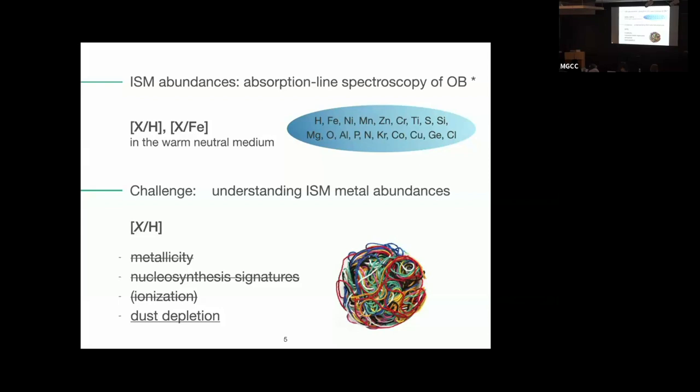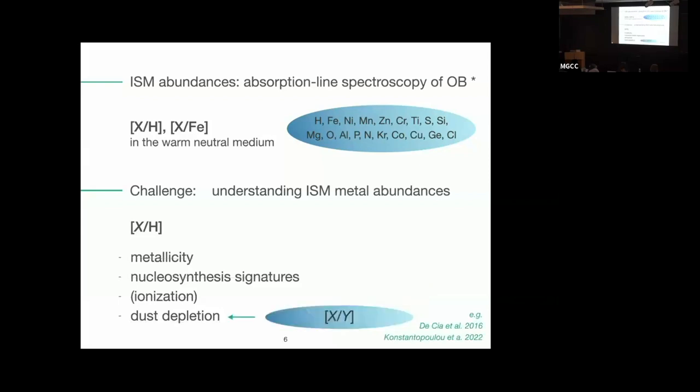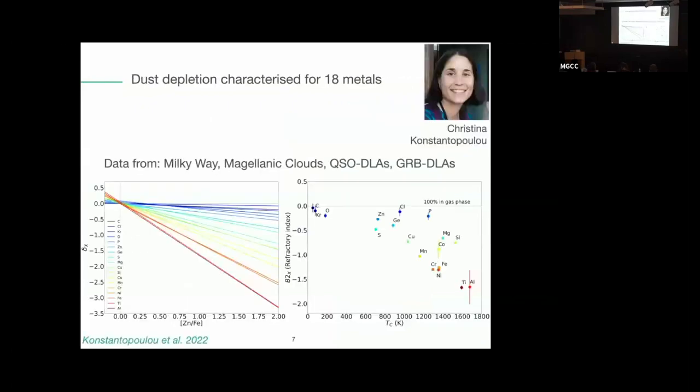Now, recently in the past years, I changed this and I've developed a methodology to constrain the dust depletion based on the relative abundances of metals, because different metals have different tendencies to be incorporated into dust grains. And we can use these to characterize the amount of dust depletion. So we did this also with Christina Constantopoulou, one of my PhD students in Geneva. She used data from the Milky Way, Magellanic Clouds, and distant galaxies, and then characterized the dust depletion.